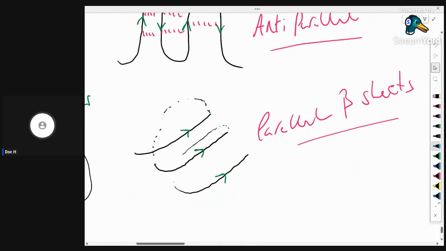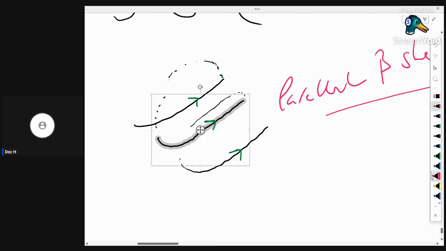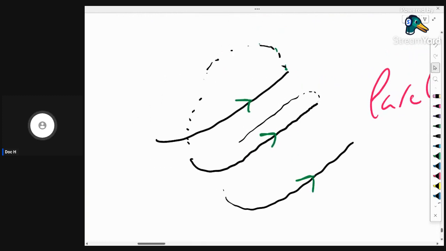If you're a parallel beta sheet, the hydrogen bonds here actually form, because of the constraints put on shape and structure with regards to the peptide bonds, like an angle.